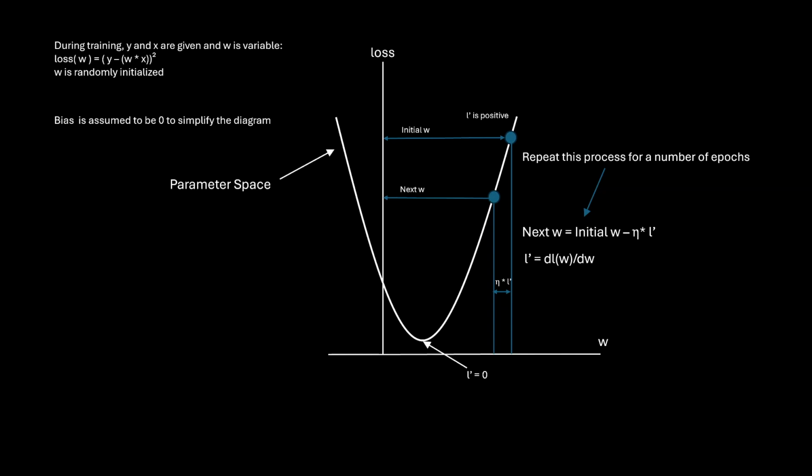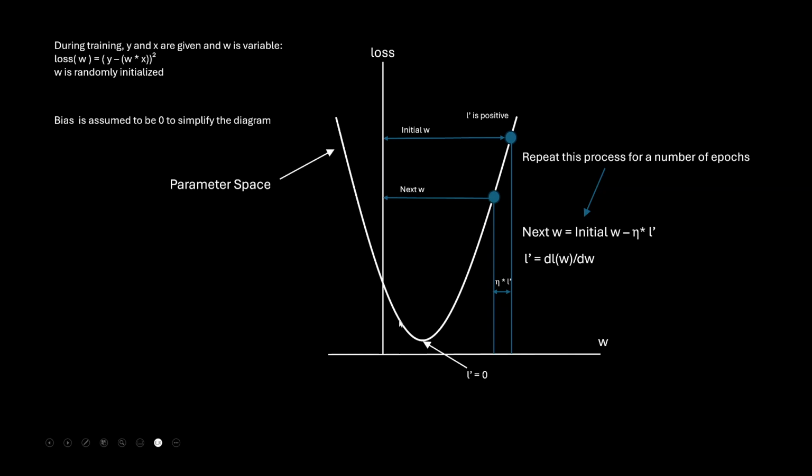Now you can imagine if the learning rate, eta, is large, we may miss the minimum value of the loss function. So we may skip. If we start somewhere here, and if the learning rate is too large, we may jump over here.